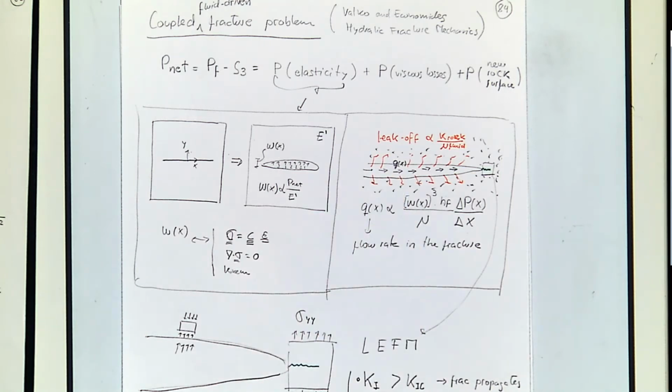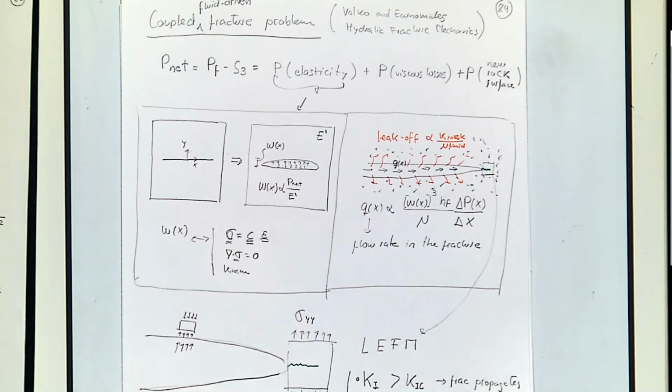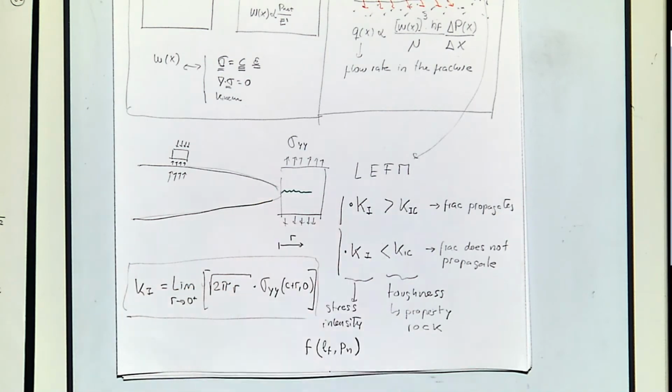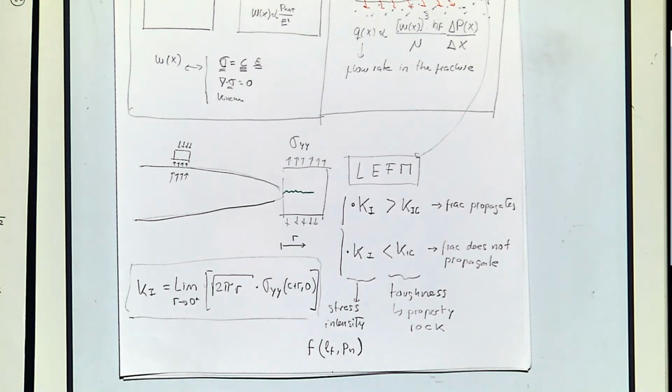In order to understand a little bit better what is going to be the width of this fracture and what is going to be the stress at the tip of the fracture, we're going to use the theory of linear elastic fracture mechanics in order to understand that.